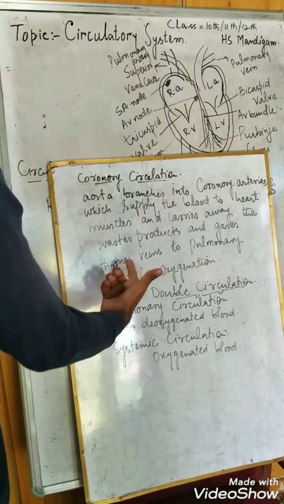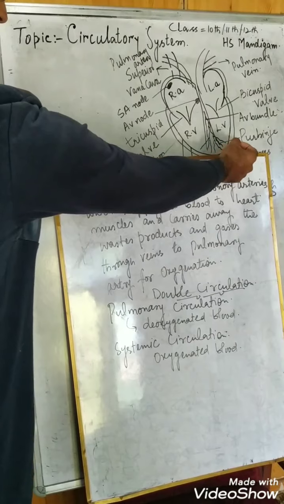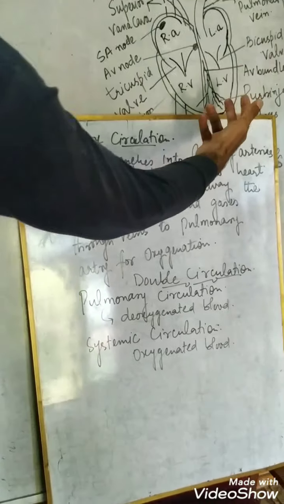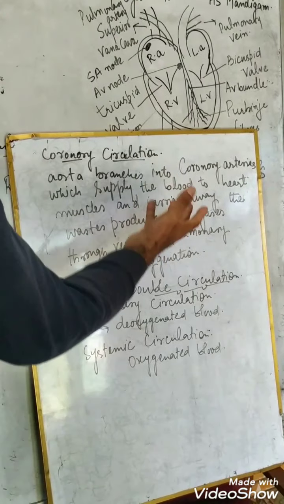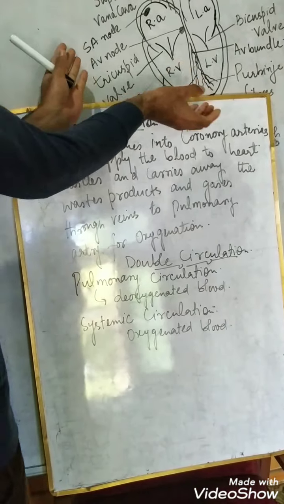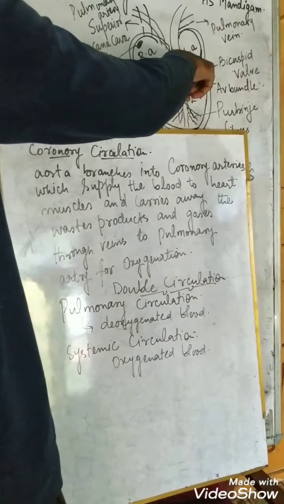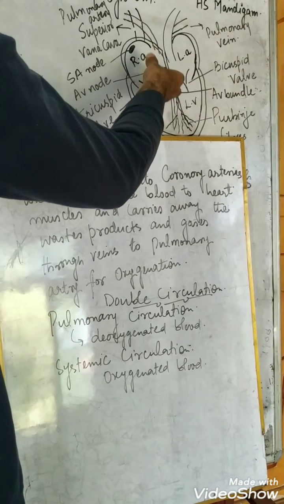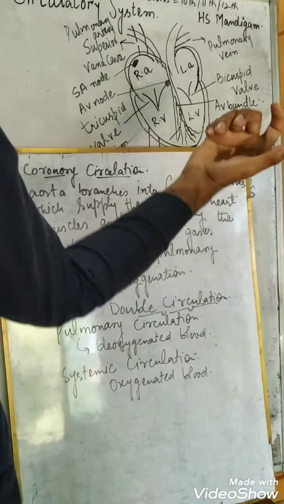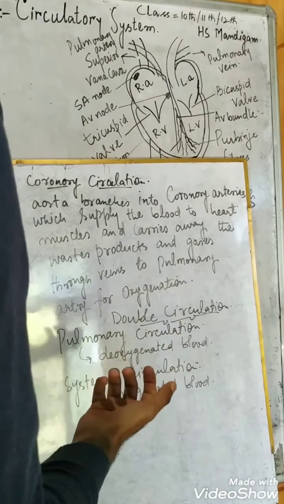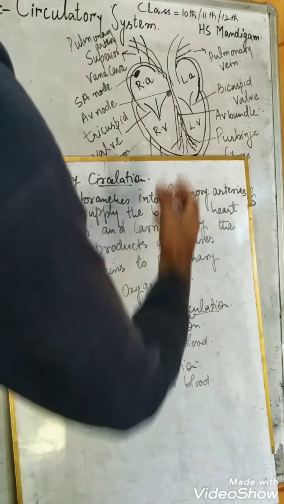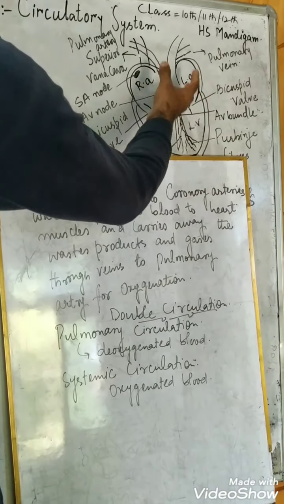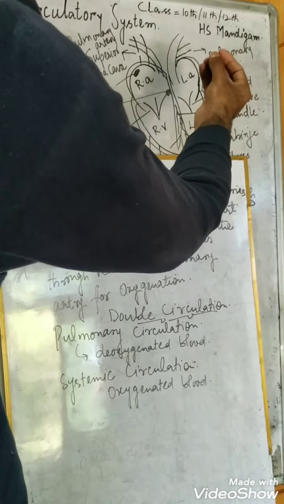Once the aorta supplies the oxygenated blood to the body tissues, two branches called the coronary arteries supply the blood into the cardiac muscles to provide nutritious molecules to the heart and get the waste products out of the heart. So it is through the coronary circulation that the cardiac muscles get nutrition and get the waste products removed from the heart.